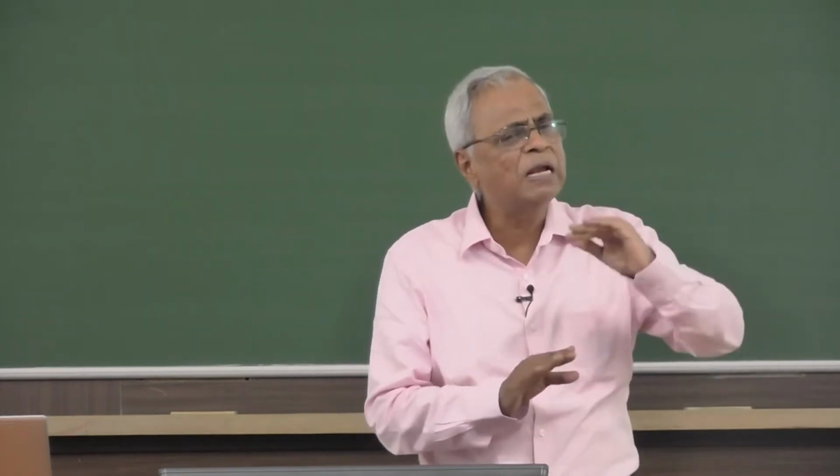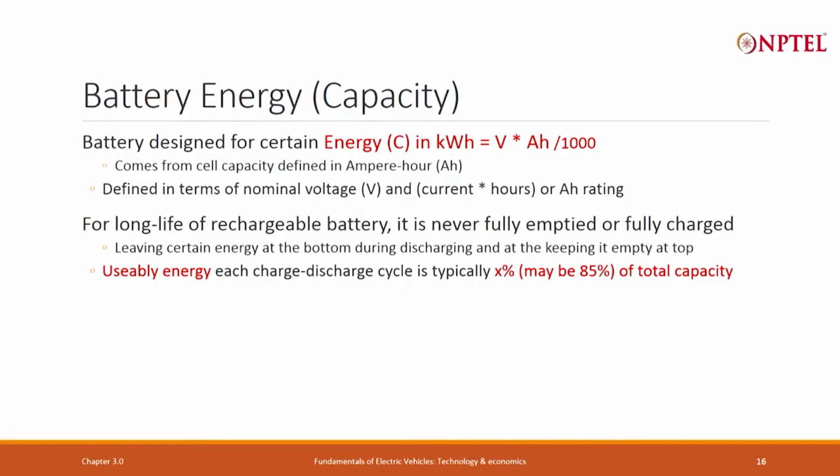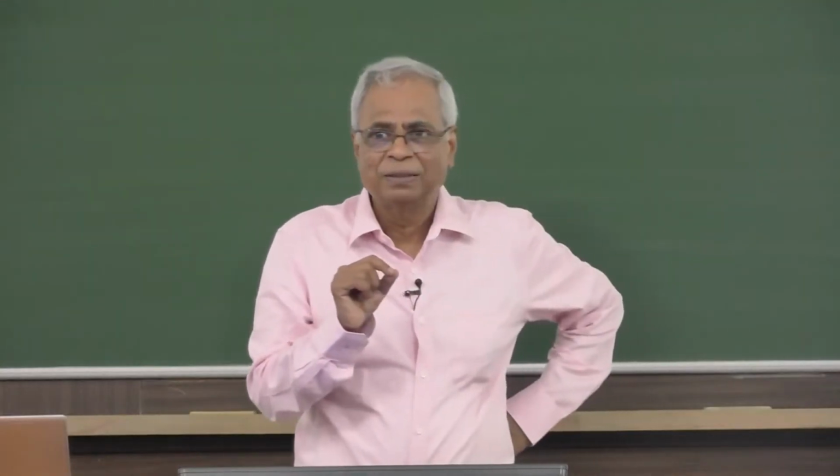You will try to leave that, you will never go below that, because you do not want the cells or the battery to be completely discharged ever. In fact, when you use a laptop, it sometimes gives you an indication that the battery will only last for so many minutes. Now, what does it do?